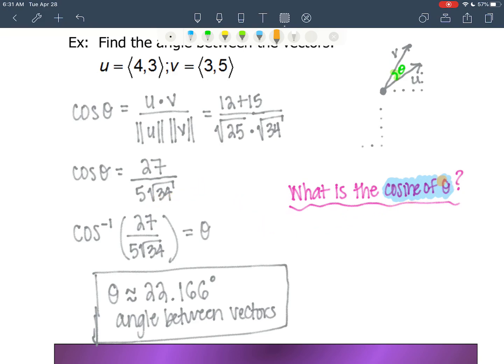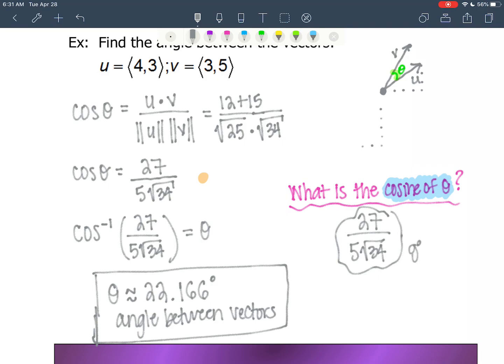So the cosine of theta is the ratio. Make yourself a note. The cosine of theta is the ratio.